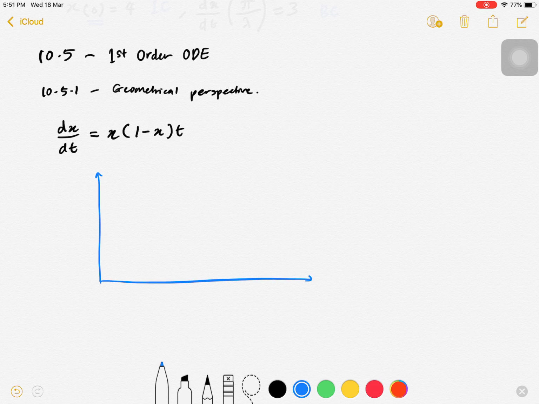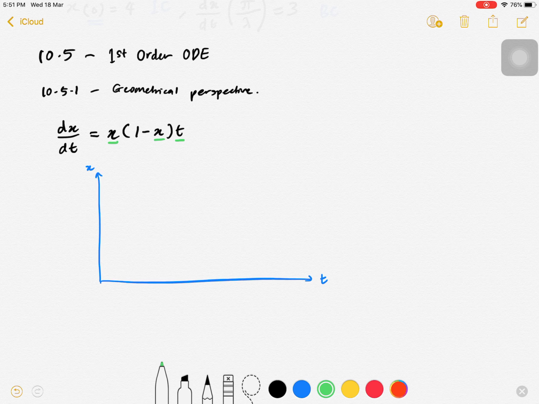The x-axis is t, the y-axis is x. How to do this? We don't know how to calculate x, but we can use different values of x and t to get the gradient, which is dx/dt.